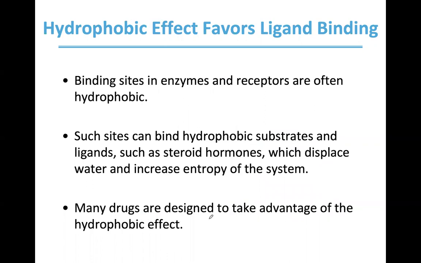And drugs work the same way, right? So why do drugs bind to macromolecules? Why do drugs bind to enzymes and various receptors in the body? Well, how do hormones work? They also bind to receptors in the body. And they take advantage of this hydrophobic effect.